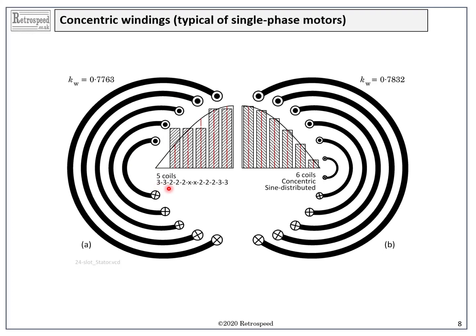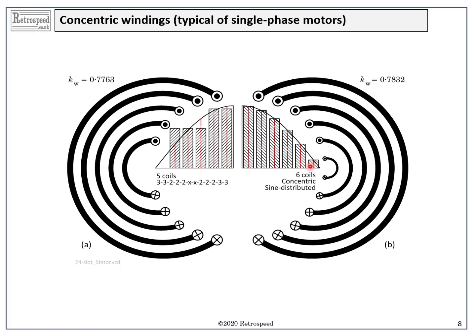The one on the left is a practical winding with 5 coils and turns distributed in the ratio 3:3:2:2:2, as we can see in the small bar chart in the middle. The one on the right is a hypothetical winding with 6 coils, in which the turns are distributed sinusoidally. The numbers of turns in these coils are not integers, and of course this is impossible.